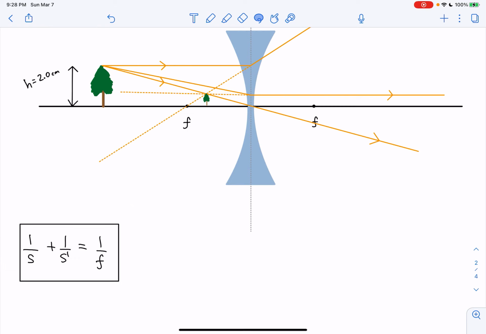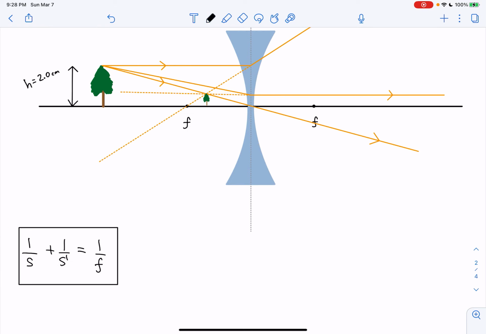And move this down just a little bit. I also want to write here where my distances are for my objects. So this is going to be my distance to my original object, and that's s. In our case, we could measure, and this turns out to be 7 centimeters.